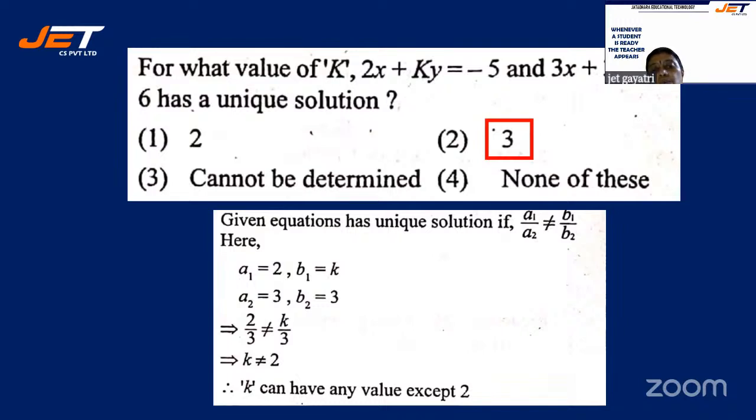So 2 by 3 is not equal to k by 3. And moreover, k is also not equal to 2. Therefore, k can have any value except 2. So here, it cannot be 2 means it has to be 3, isn't it? So that's why we opted for option 2, that is 3. I'm sure you would have understood this, students.